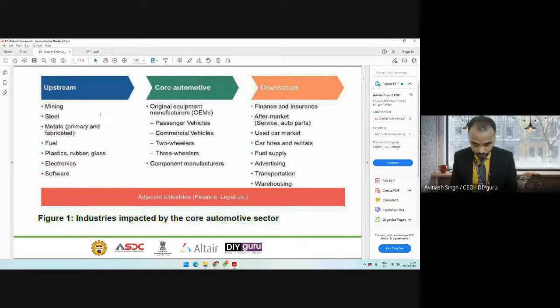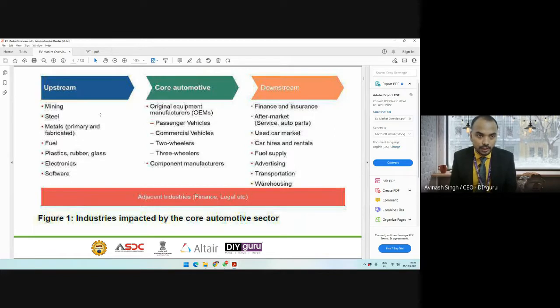The automotive industry is by far considered the largest employer, with a significant contribution to our national GDP. The number of people engaged in this industry is quite humongous.